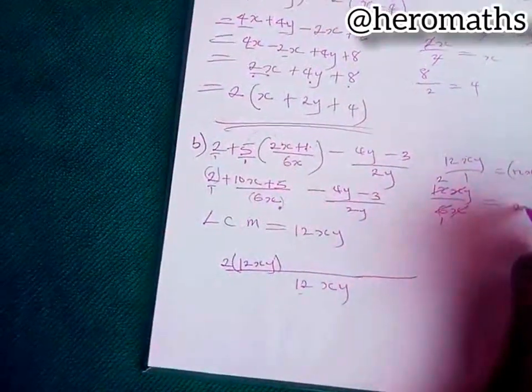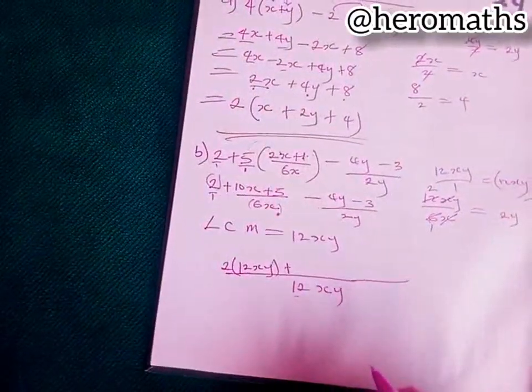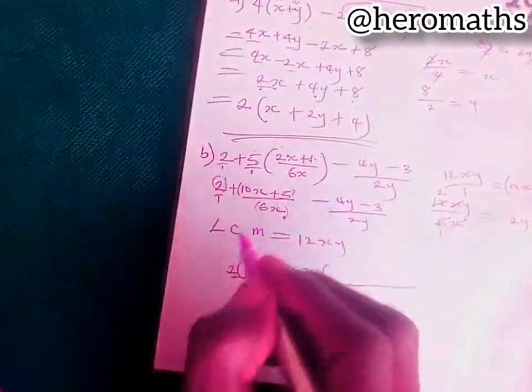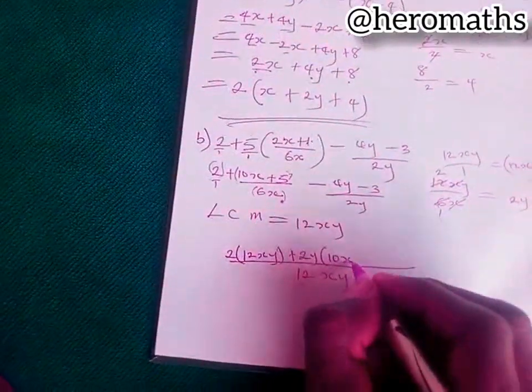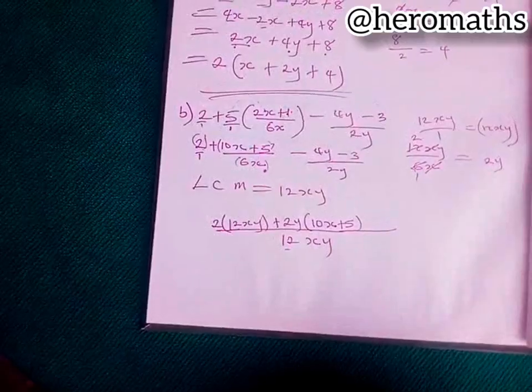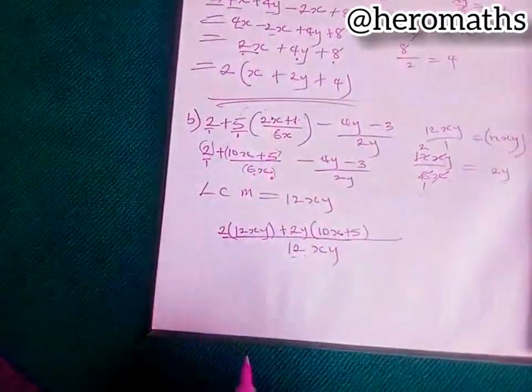So we're left with 2y. So that would be plus 2y, open bracket, this top, which is 10x plus 5. You understand? This divided by this, then the answer will multiply the top.